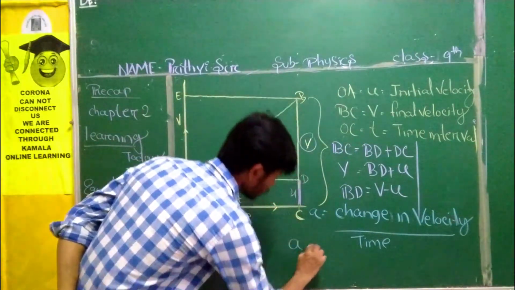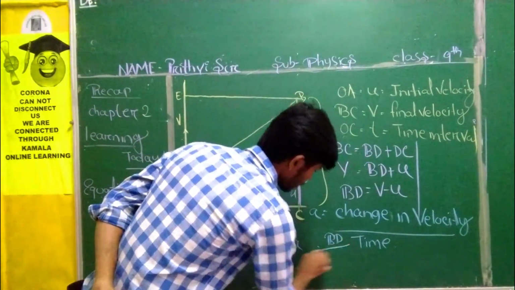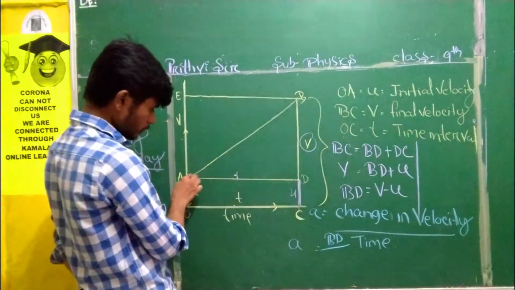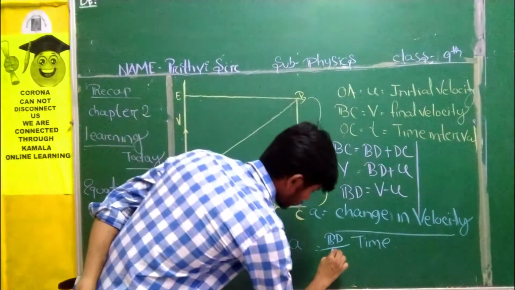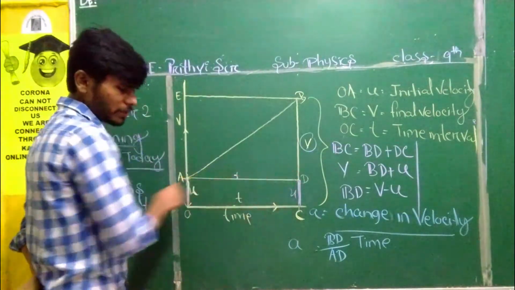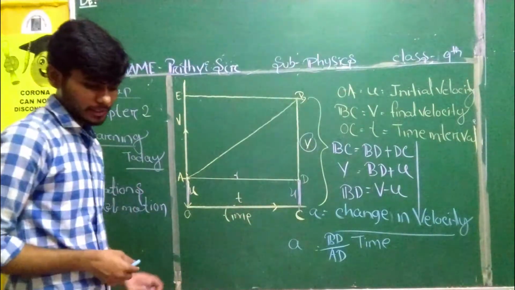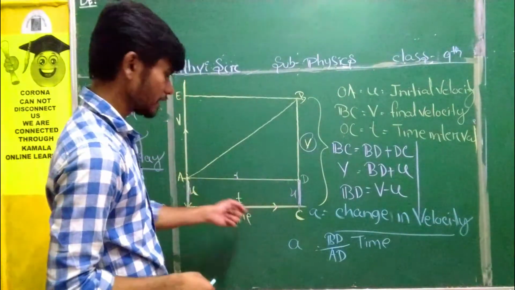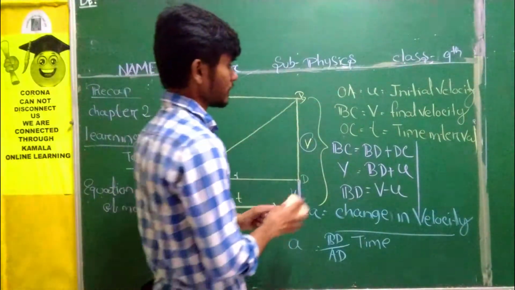Small a is equal to BD by time. This is the time graph, so I will write here AD. A is equal to BD by AD. And we know the value of AD, that is T. So I will erase this thing.